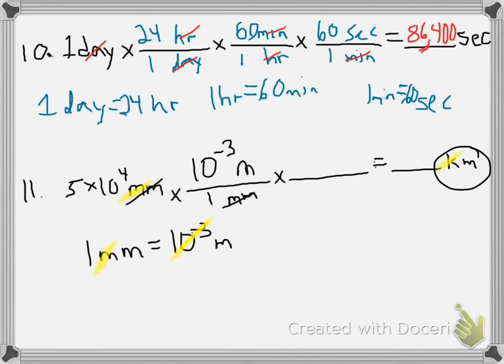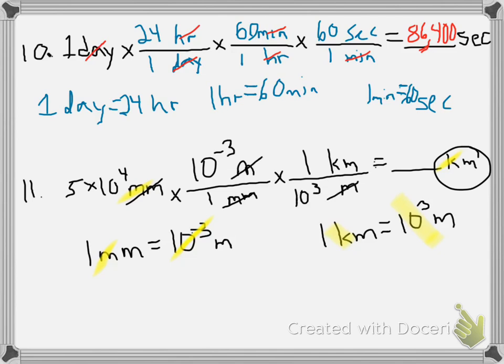So how do I connect meters to kilometers? Well, I know that 1 kilometer equals 10 to the third meters because kilo, that K, means 10 to the third. So those are equal. So I'll input that equivalency statement. So meters goes on bottom in my denominator and kilometers goes in my numerator. And for every 1 kilometer, I have 10 to the third meters.